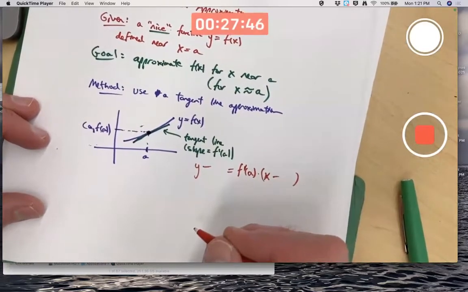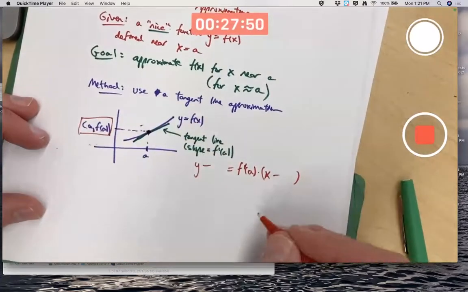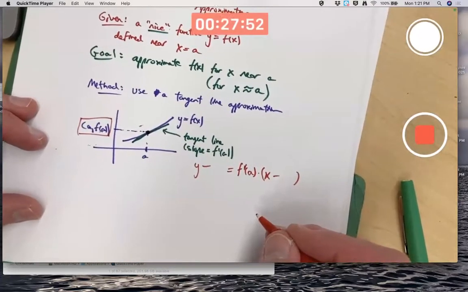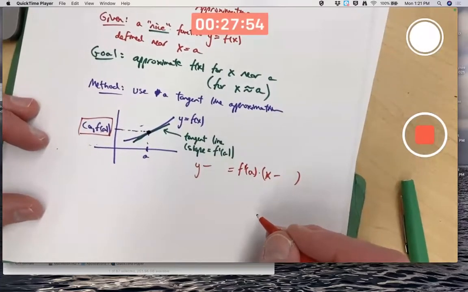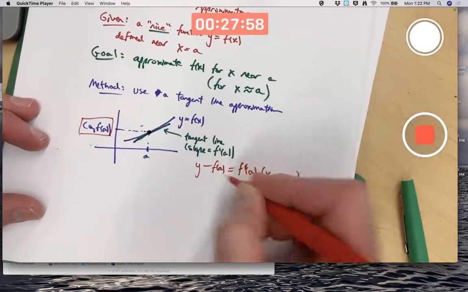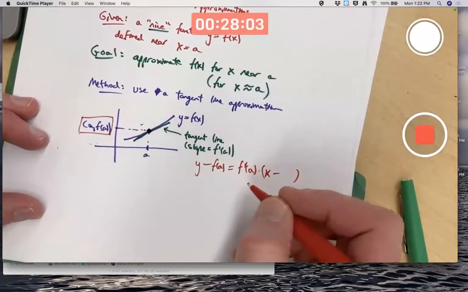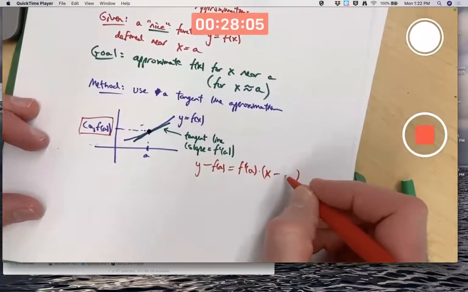What point do we know? This point. We're pretending, for the sake of argument, we know what a is and we know what f of a is. So subtract f of a here. That's just some number, the second coordinate of this point. And here we subtract a.